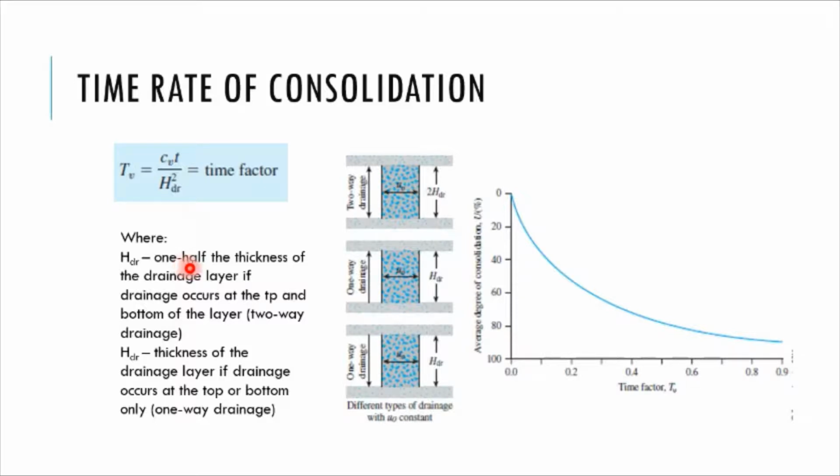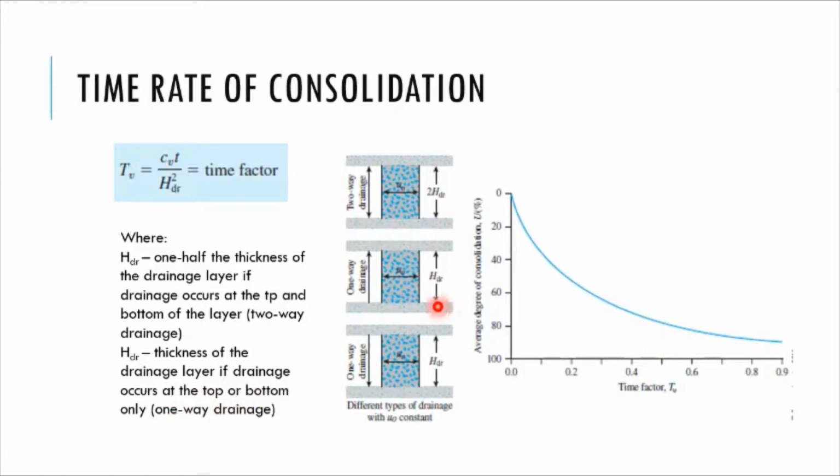So the H sub DR will just be one half of the thickness of the clay layer if drainage occurs at the top and bottom of the clay layer. And it will be the whole thickness of the clay layer if drainage occurs at the top or bottom only, or a one-way drainage.